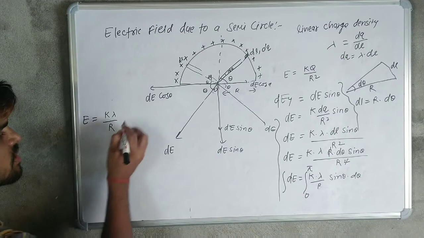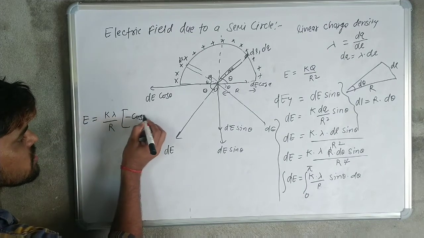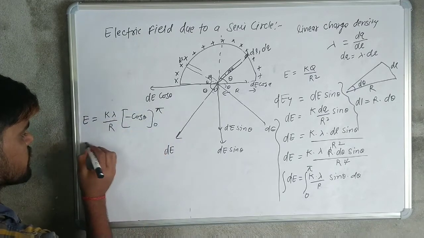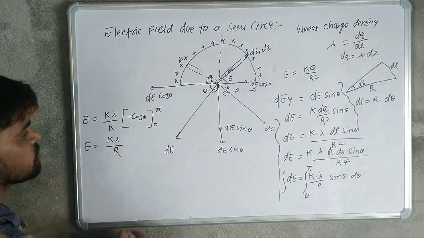Now we integrate from 0 to pi. E is equal to k lambda upon r, which is constant, taken out, and the integration of sin theta is minus cos theta from 0 to pi.